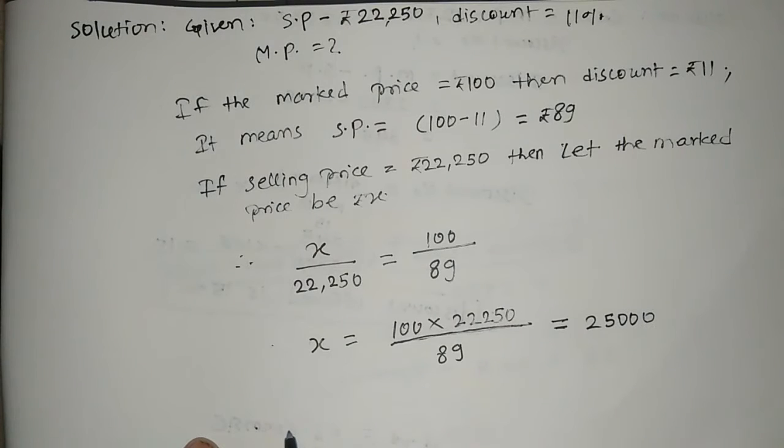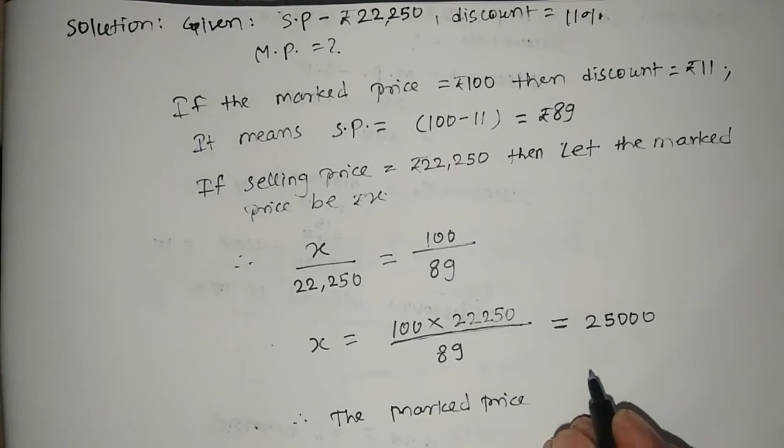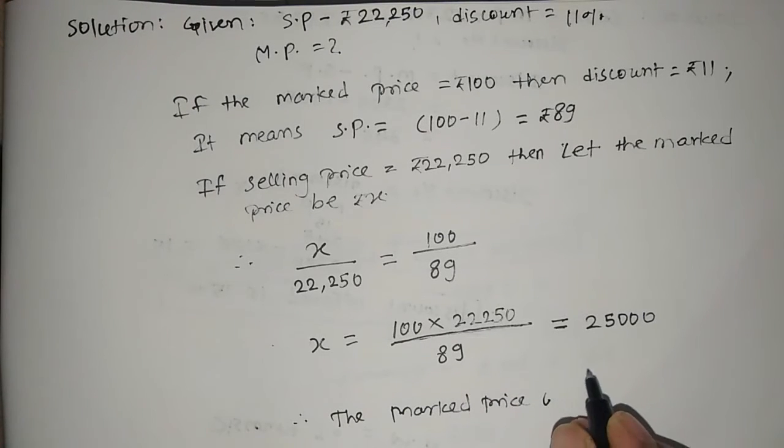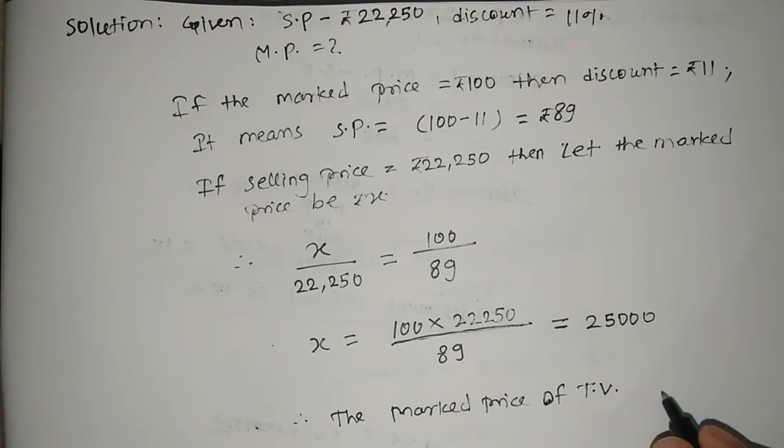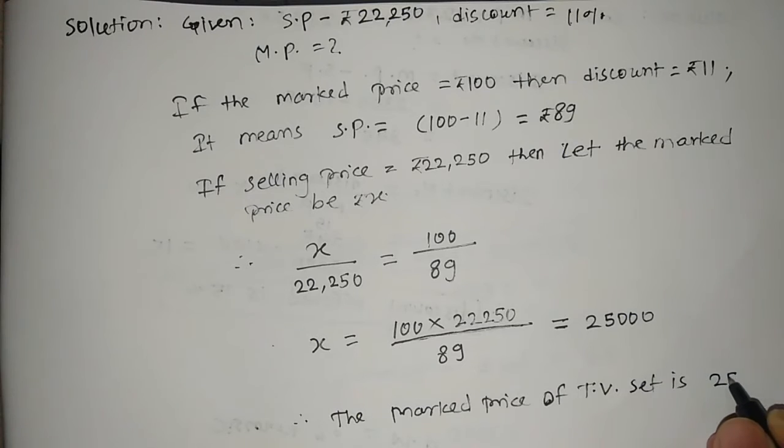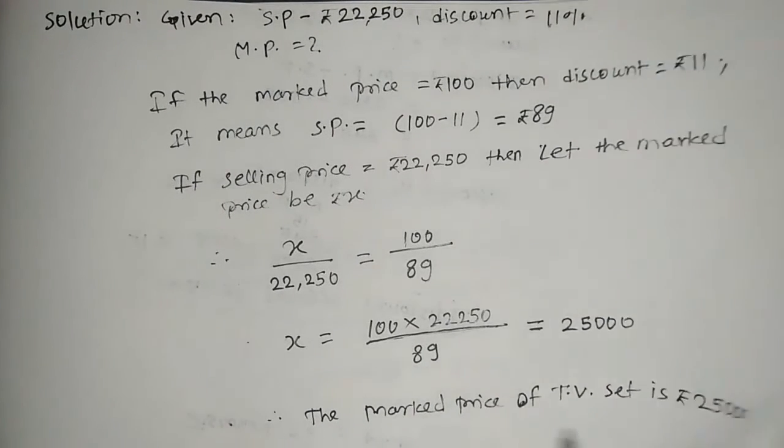So therefore the mark price of television set is 25,000 rupees.